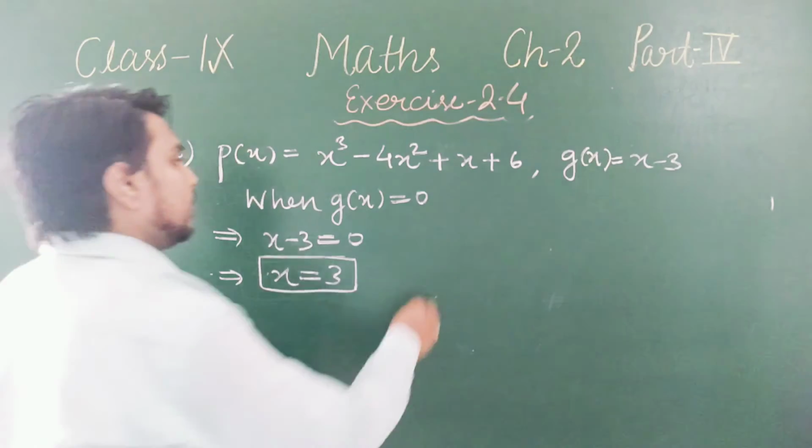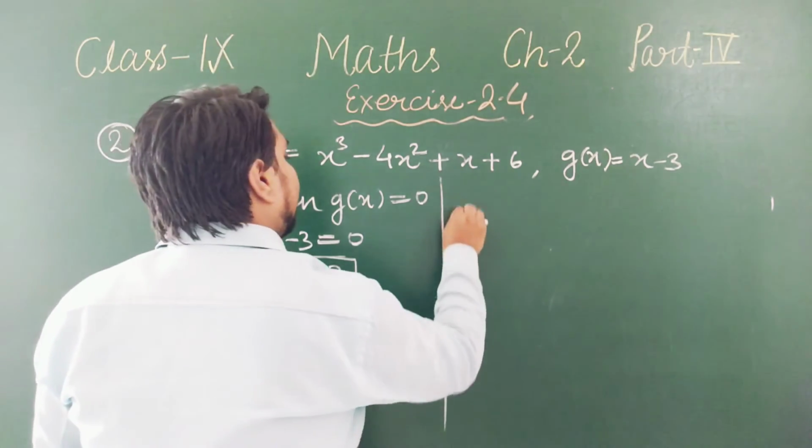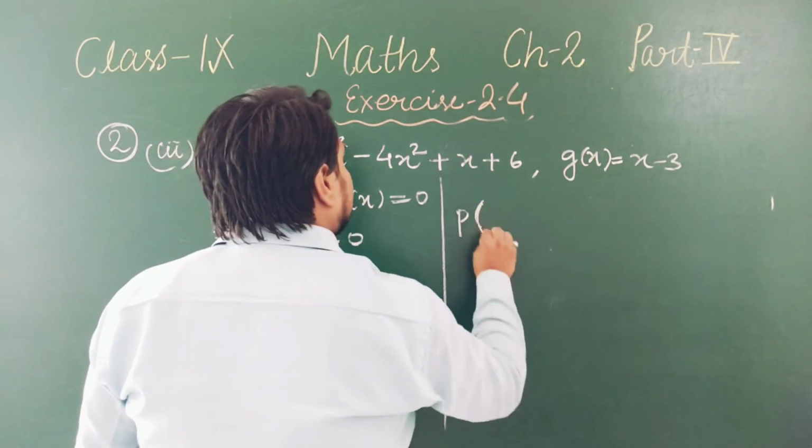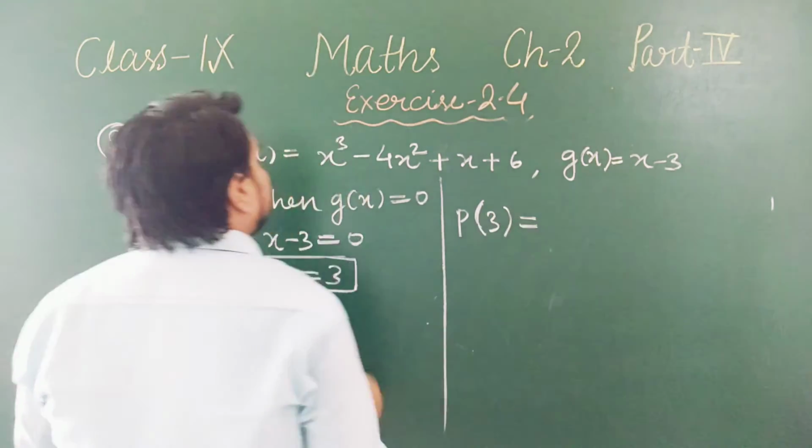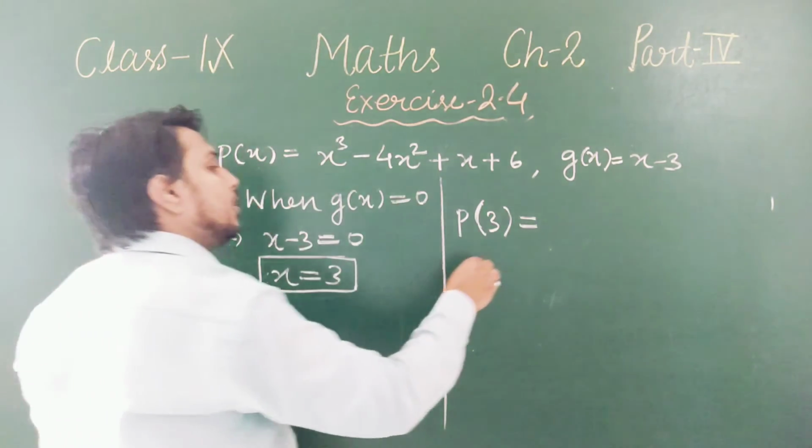Then what will p of 3 be? P of 3 means wherever there is x, you need to put the value 3.